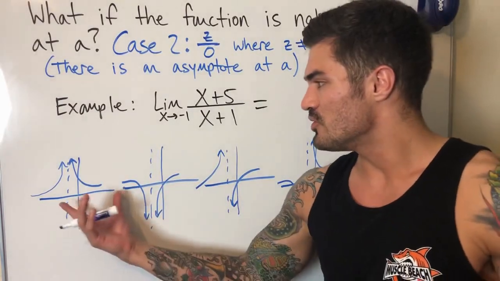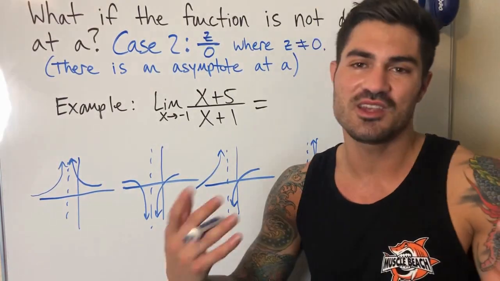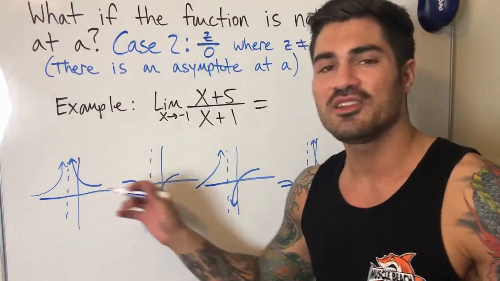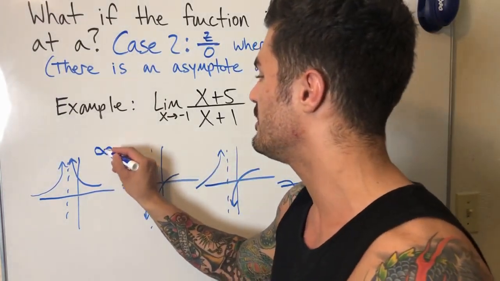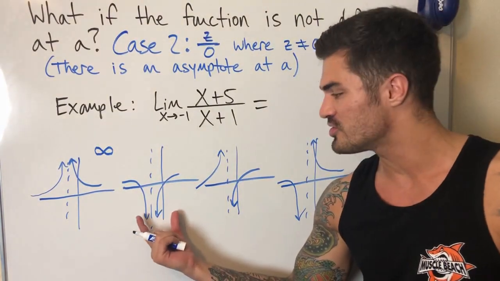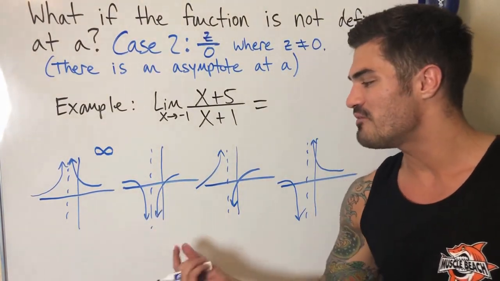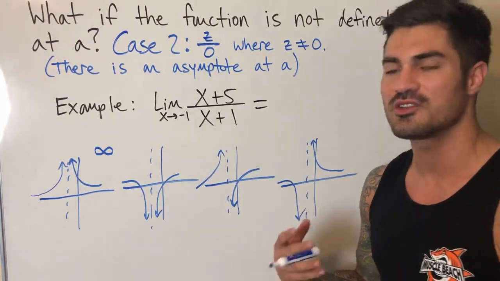So since they're not approaching an actual number, we say that the limit doesn't exist, but we have an infinite limit of positive infinity. For this case, as x gets closer and closer to a from both sides, my y values are decreasing and decreasing without bound.